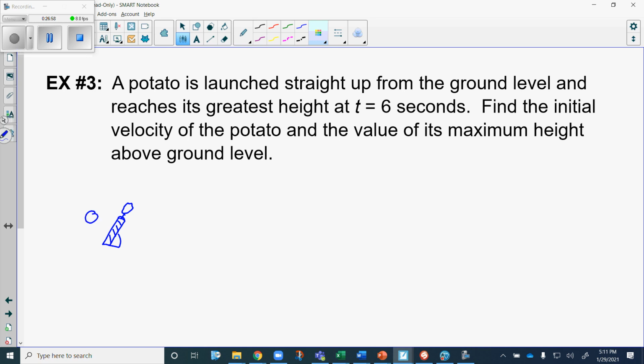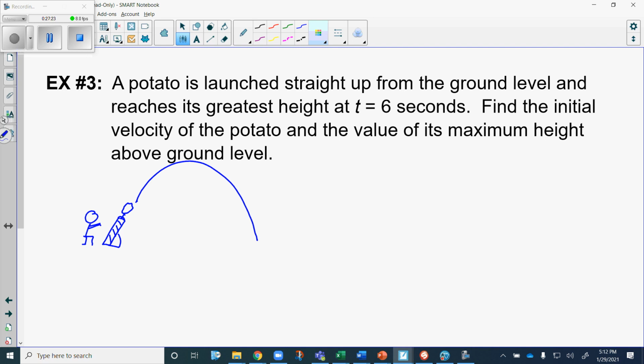And here you are, having a good old time, just launching your potatoes into the air. It's going to have some kind of trajectory like that. And again, this is a lot of times why you'd see it in a physics textbook, but it's very much going to be thrown into a math textbook at some point.